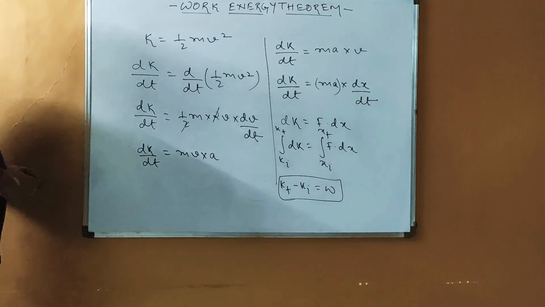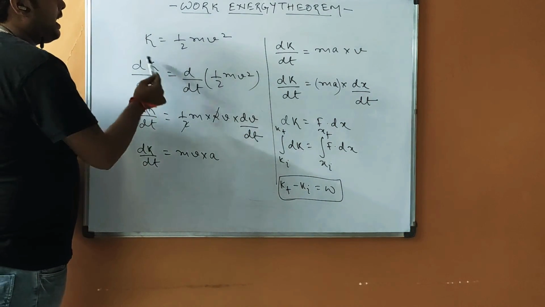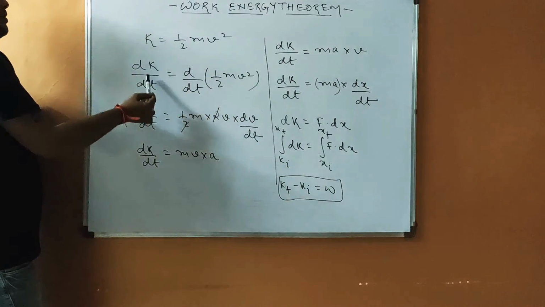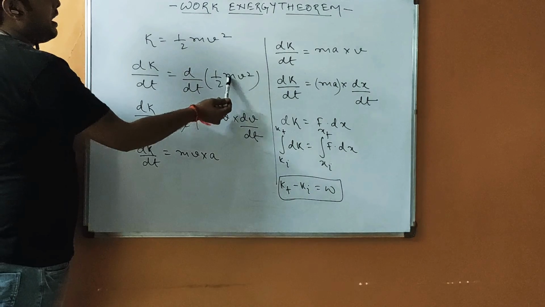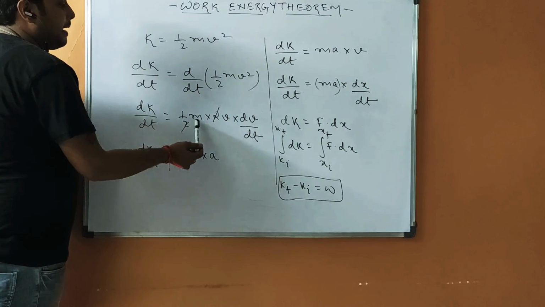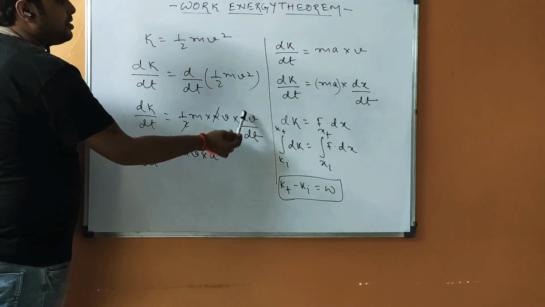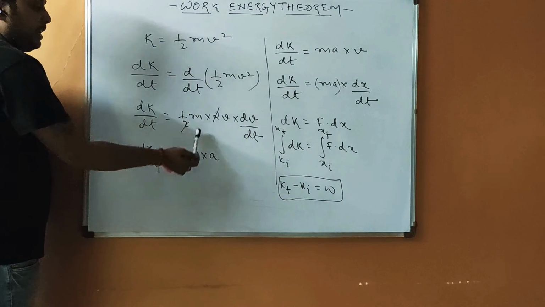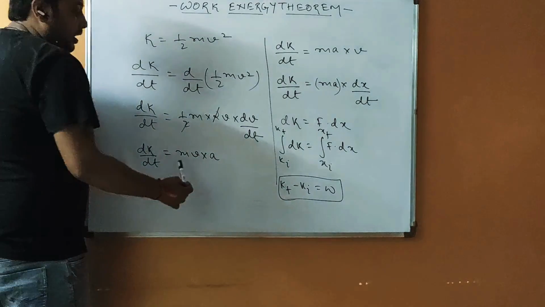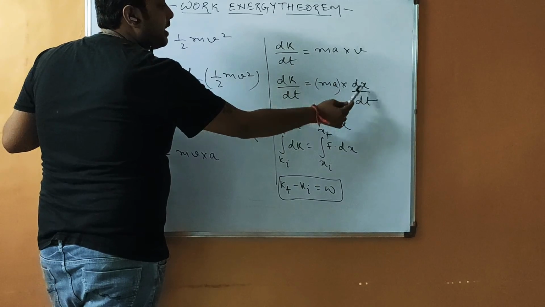Just have a look, I am explaining it once again. The kinetic energy was given by half m v square. I differentiated on both sides with respect to time. dK by dt is equal to d by dt of half m v square. Half and m are constant. The differentiation of v square is 2v into dv by dt. dv by dt can be written as a. v remains here, m remains here. In place of ma, I have written force. In place of v, I have written dx by dt.